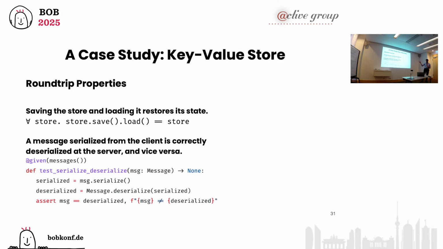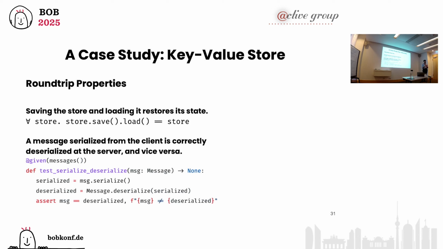Another one, which I actually found a bug in my own implementation when implementing this, is message serialization and deserialization. When I as the client want to send a message, I serialize that message, send it over the wire, and the server deconstructs that message by deserializing it, and they have to be the same message.